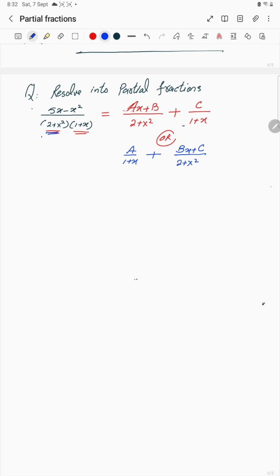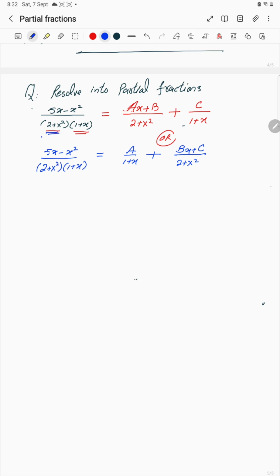Because a, b, c are constants, it doesn't affect. If you change the name or swap the labels, it doesn't affect. So you can write either of these cases for (2 plus) x square times 1 plus x.